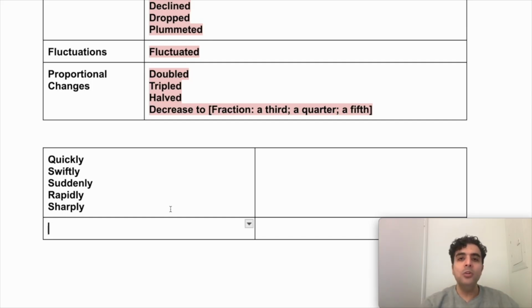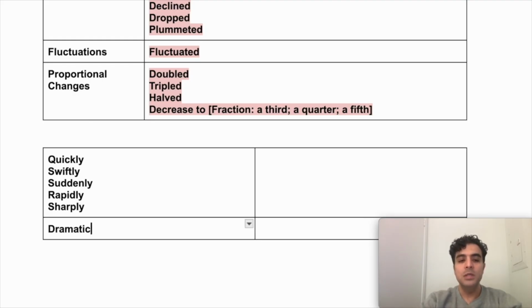So how do we emphasize the great amount in the change, right? Not necessarily happening very quickly. It might have happened over thousands or hundreds of years, but what is important is that the increase was great in amount. How can we do that? What kind of adverbs can we use?